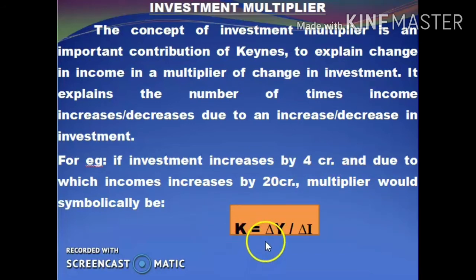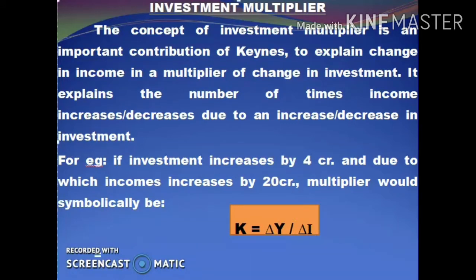The formula for multiplier is K equal to delta Y by delta I, that is change in income as a result of change in investment.